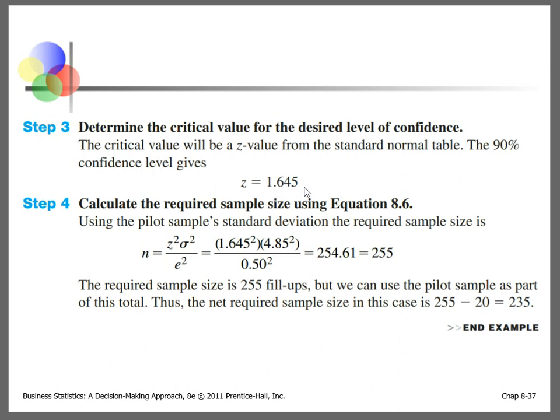And finally, we can calculate the required sample size using equation 8.6, which would then give us the required sample size of 255. The required sample size is 255 fill-ups, but we can use the pilot sample as part of this total. Thus, the net required sample size in this case is 255 minus 20, which is equal to 235.